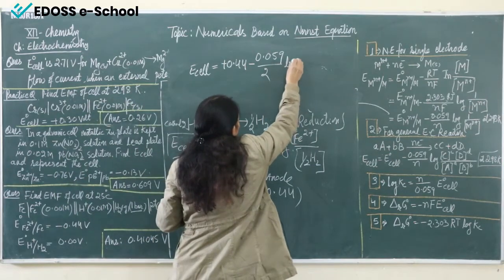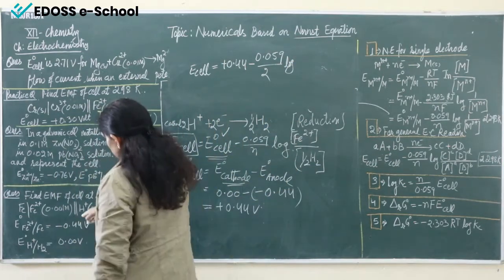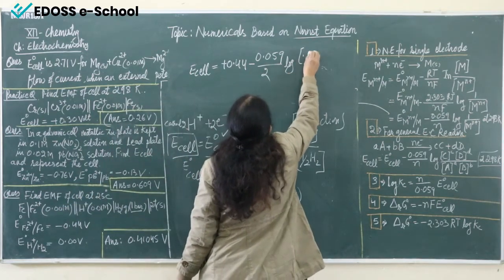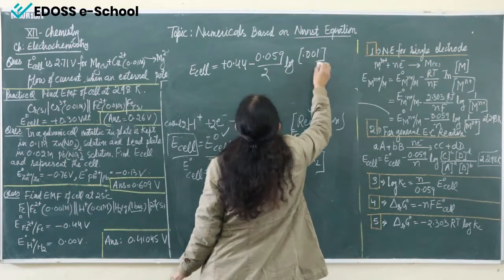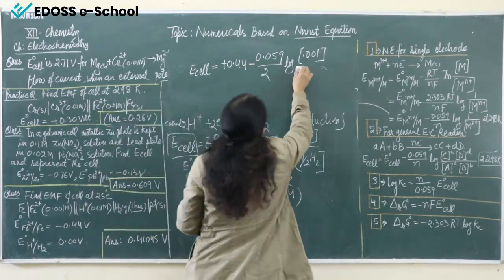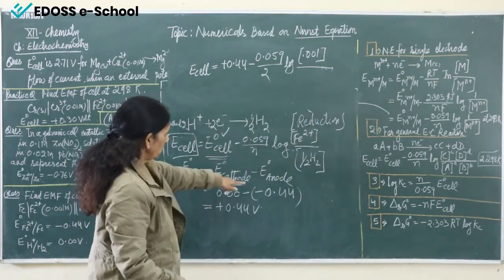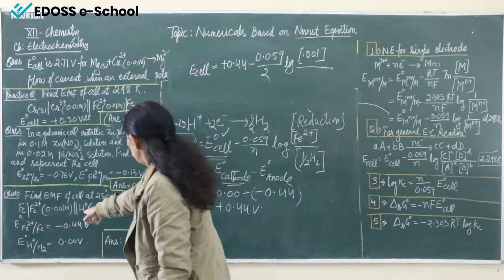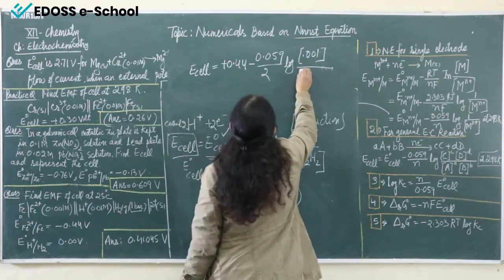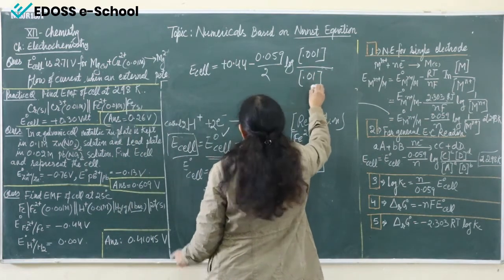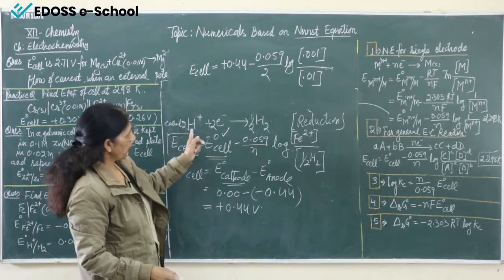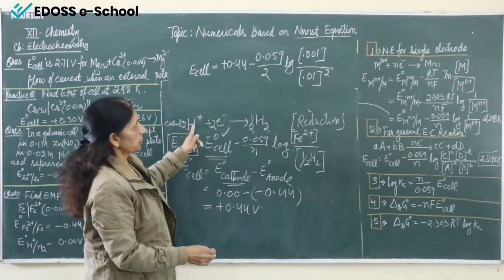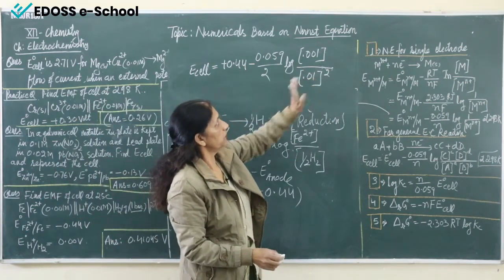Now the iron concentration is 0.001, so you will put 0.001 upon the hydrogen ion concentration, which is given as 0.01. Because after balancing we need 2 hydrogen atoms, the stoichiometric coefficient will be 2 here.